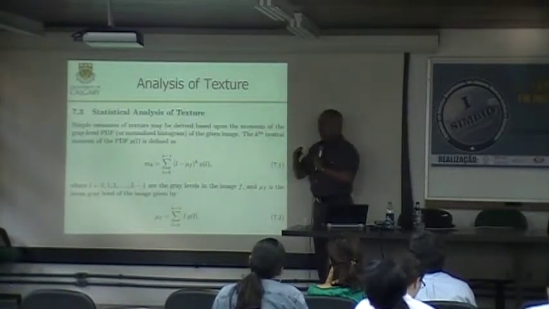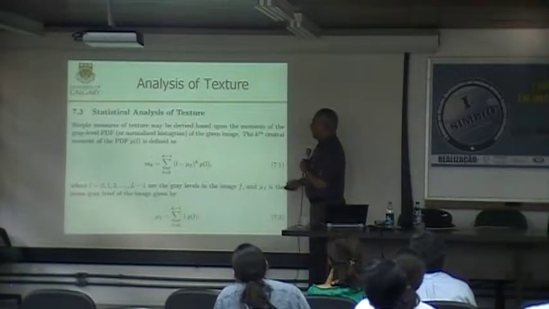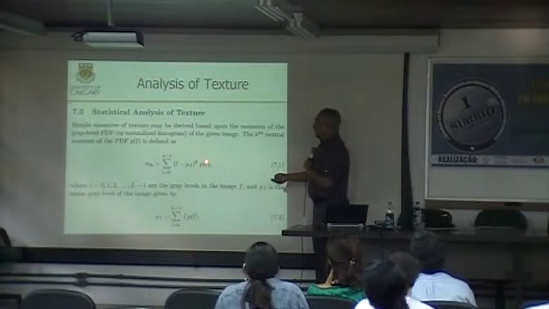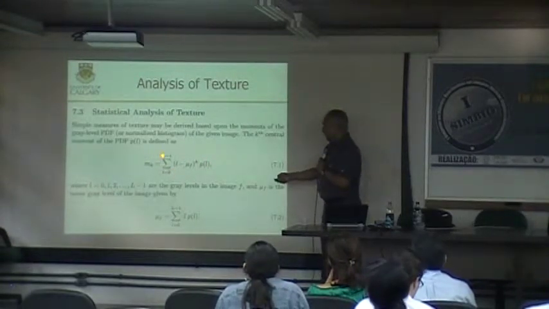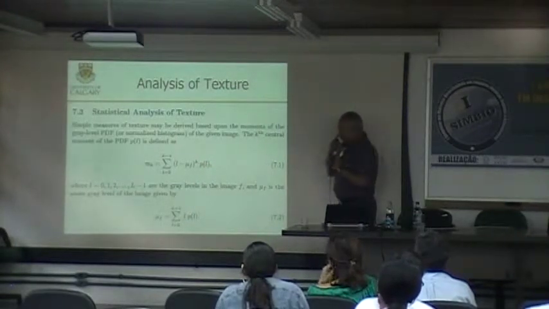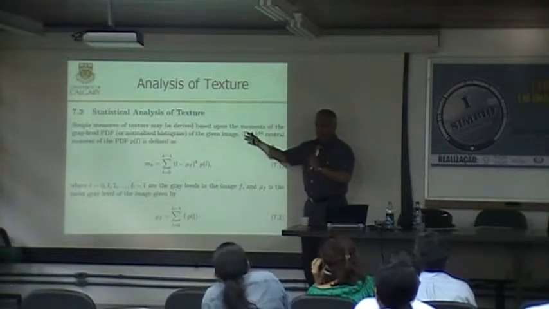You have already seen this. I'll quickly mention some basic definitions. When you have a probability of gray levels P(L), where L is the gray level, 0 to capital L minus 1, P(L) is the probability density function. It is the histogram of the image, normalized or averaged over many images.